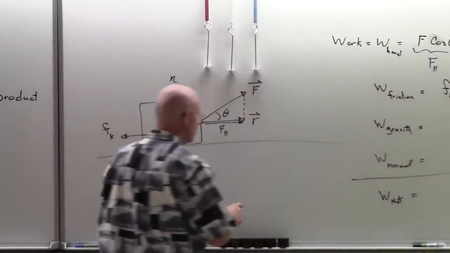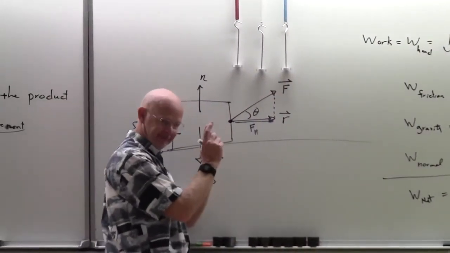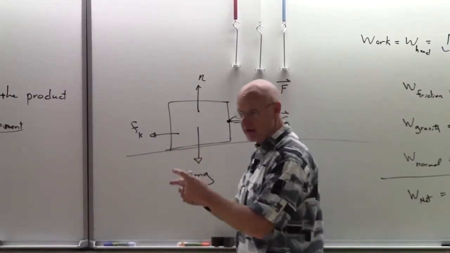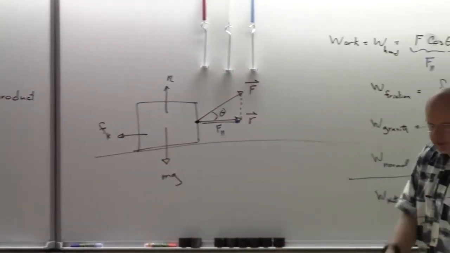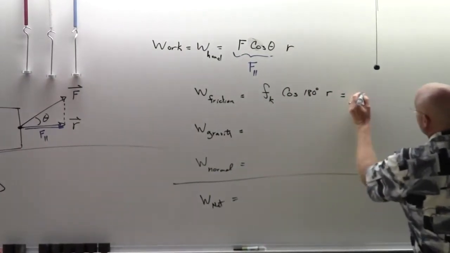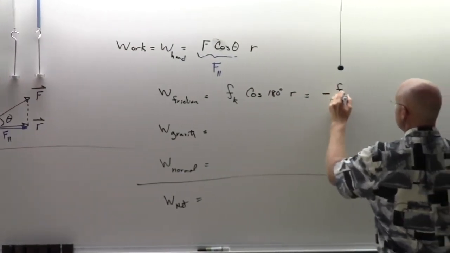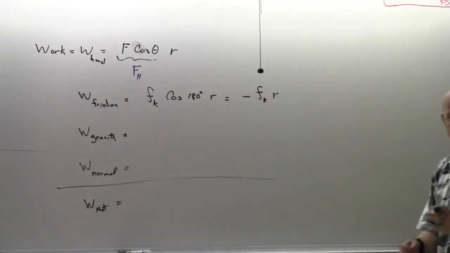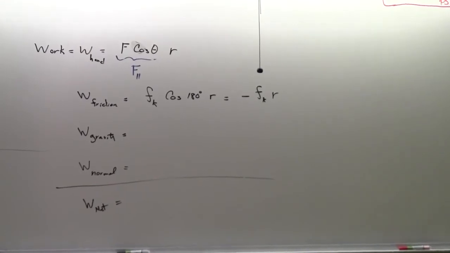Again, which way did it move? That way. Which way is the force of friction? That way. So what's the angle between those two? 180 degrees here. And so cosine of 180 degrees is kind of a nice one to work with. It's got a minus sign that I can just pull right out.